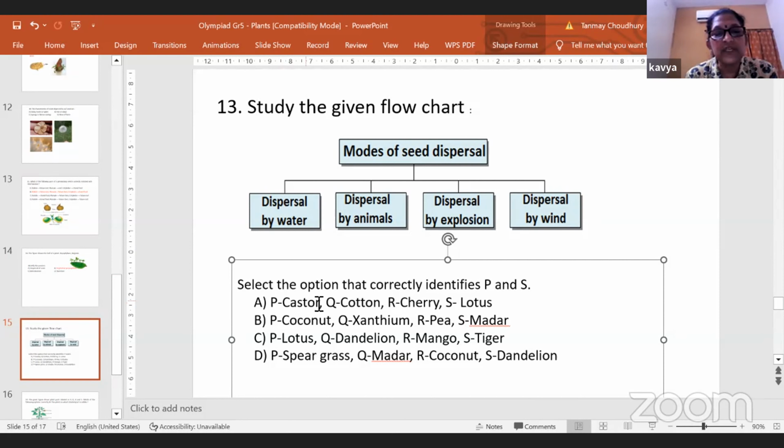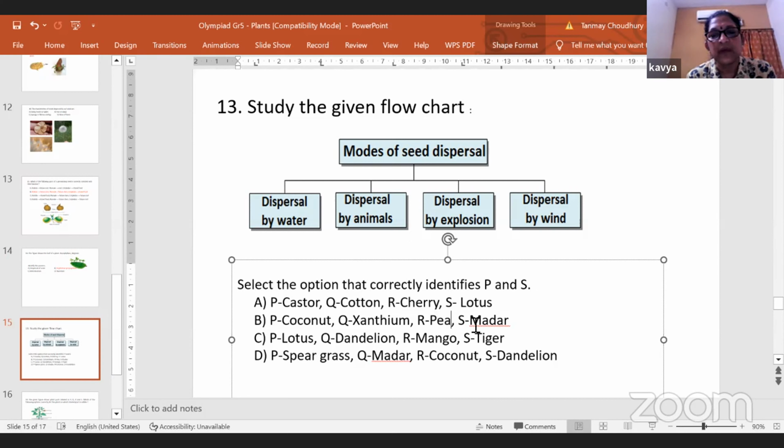Okay, so P is by animals, Q, cotton by wind, cherry, again by animals, birds eat it, lotus by water, coconut again by water. Now, xanthium is a seed that has got a lot of small spines on it. The common name of xanthium is cocklebur. Then R is P, dispersed by explosion, and madar is dispersed by wind.